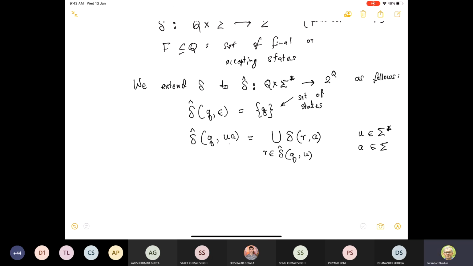To define delta hat on the string UA, you use the value of delta hat on the string U for a given Q. So this delta hat of Q, U is a set. So for all R belonging to that set, you compute delta of R, A, right? Which is also a set, and then take the union of all those sets.